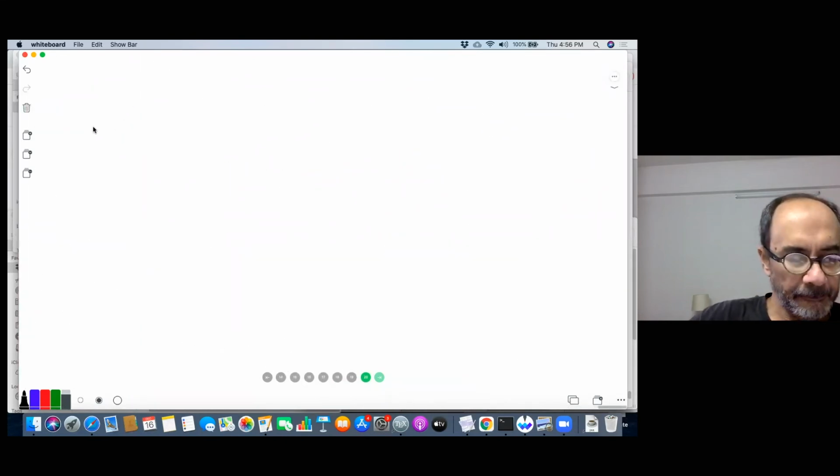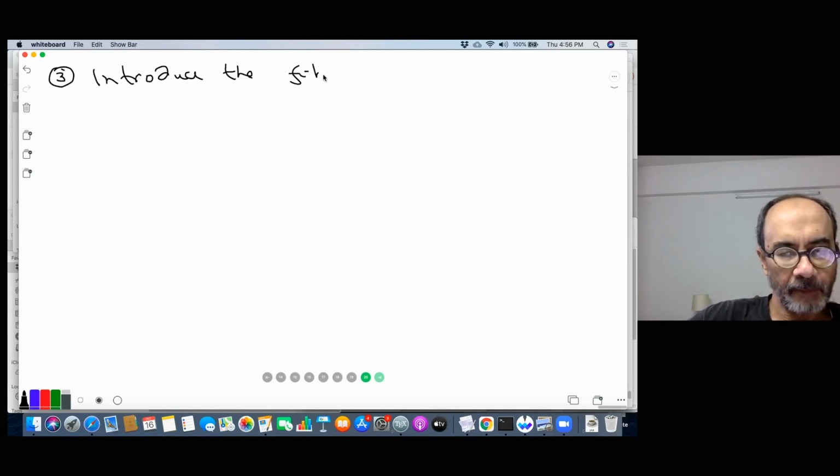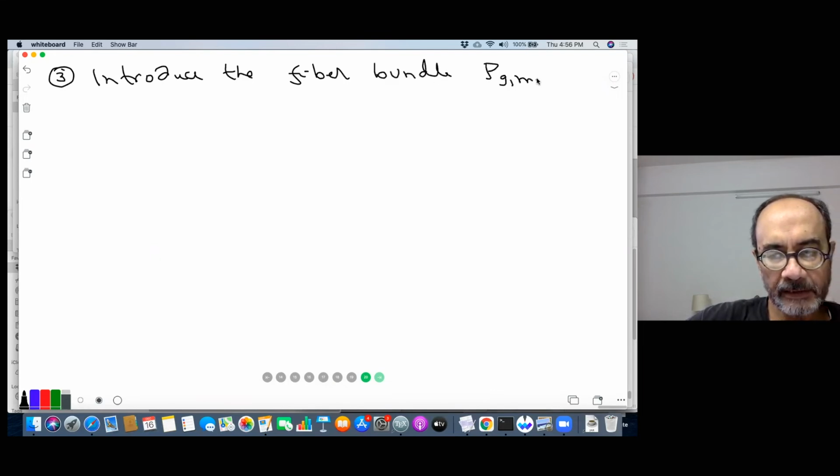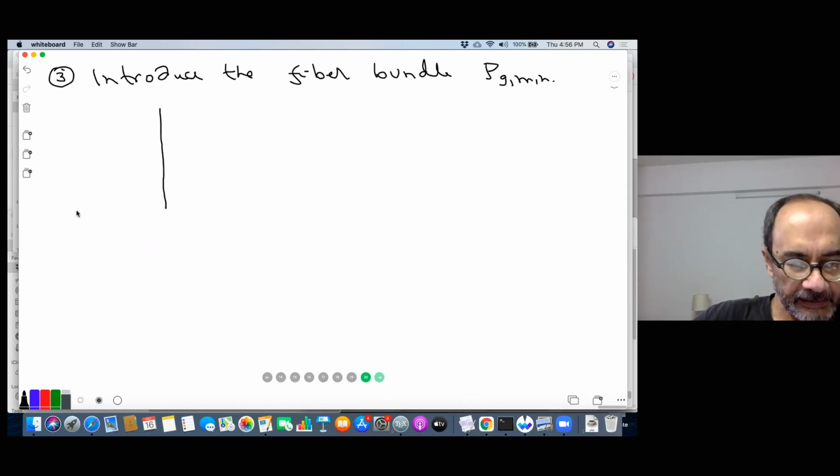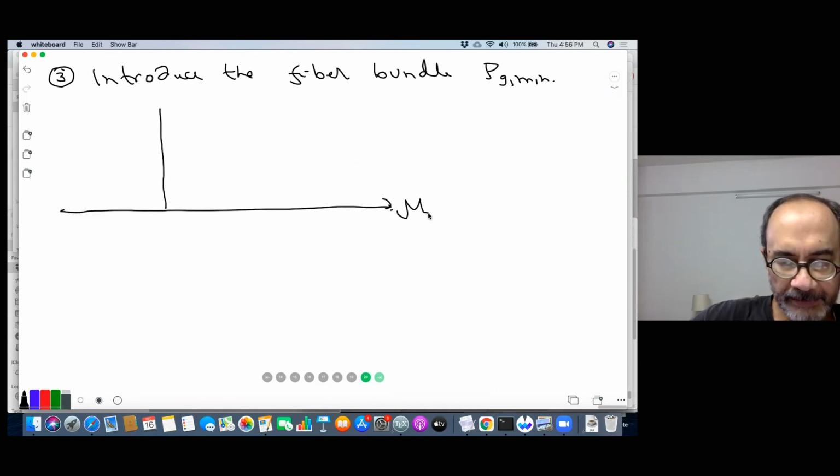Okay, then third step is to introduce the fiber bundle E_GMN. So here there is a difference. This is P_GMN as usual. So this includes spin structure information.